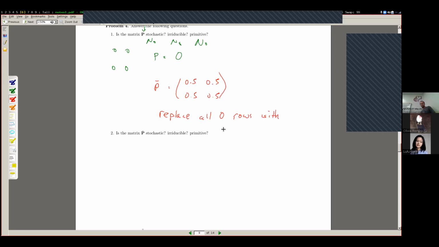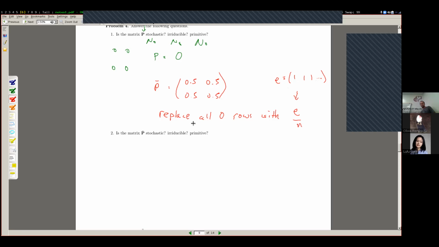Their specific notation that they use is E divided by N, where the E is just a bunch of ones, however many ones you need. And N is 2 in this case, so we get 0 0.5, 0 0.5.